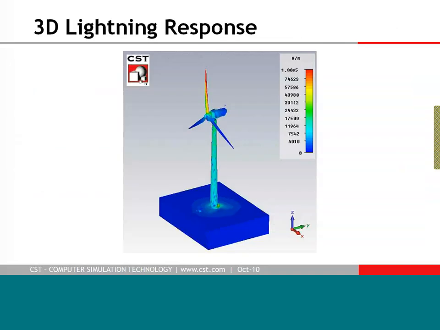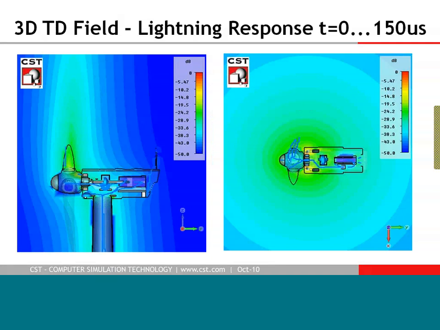A big advantage of the simulation is that you can really see where the field is propagating. Of course, this gives you the possibility to produce nice pictures or movies, but let's go a step further and localize on the details.